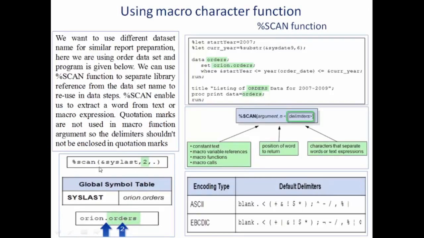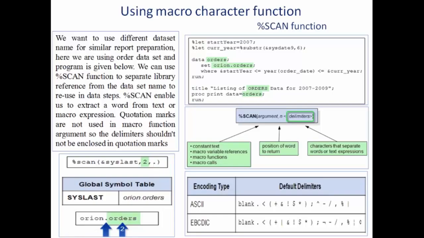Using the scan function, I specify the variable on which I am going to use it, and then I say the second part of the value. Oran is the first part and orders is the second part. But how will SAS know that this is the second part? The second part is decided by the delimiter. This dot is the delimiter here, so we supplied the third argument as the delimiter.